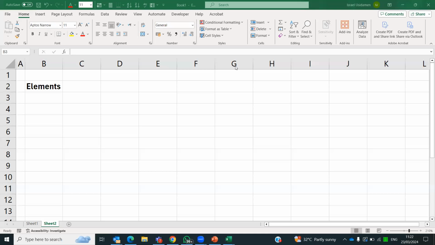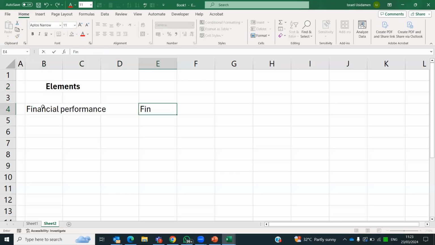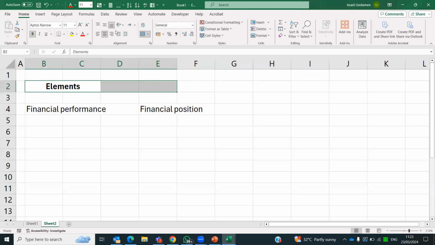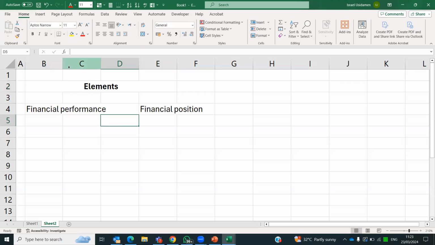Those are elements. When events happen, when conditions erupt, when transactions happen, the name given to those transactions, the broad term, is elements of financial statement. There are two categories of elements. We have the category relating to financial performance, and we have the category relating to financial position.